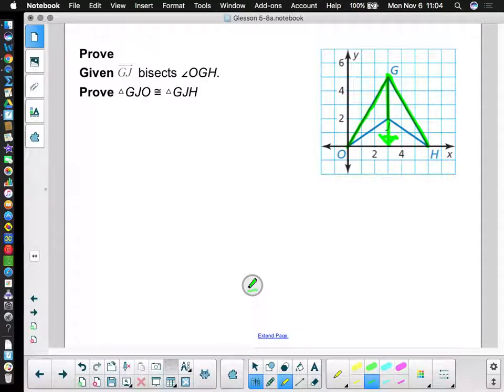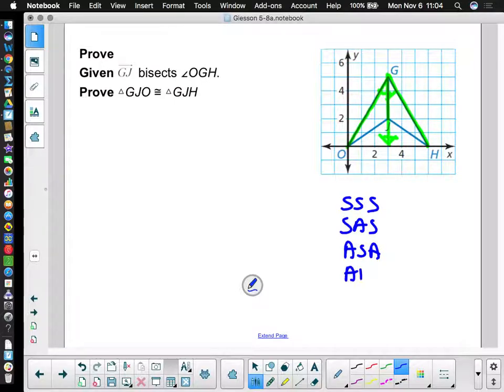So already we know that these two angles are going to be congruent. So if I have two angles congruent already, now I have a couple choices as to how to prove these triangles congruent. Again, I've got all my shortcuts: side, side, side; side, angle, side; angle, side, angle; angle, angle, side; and HL.